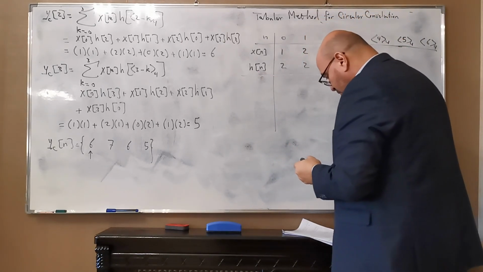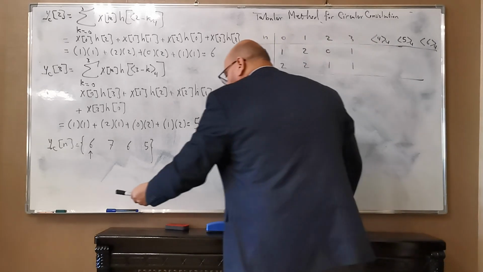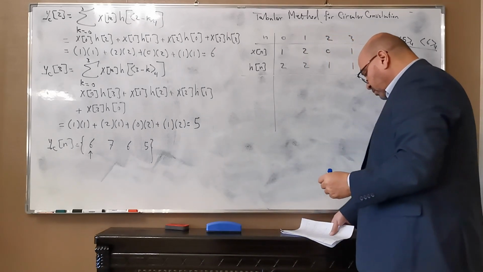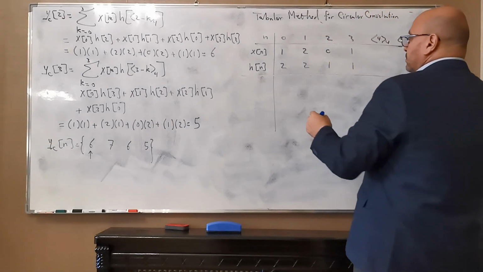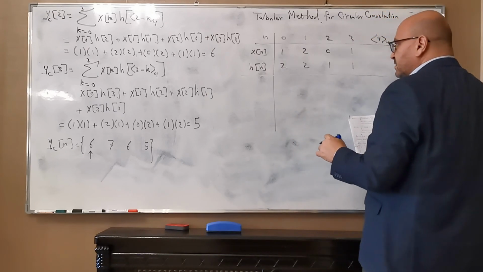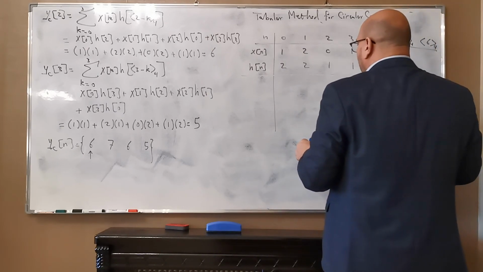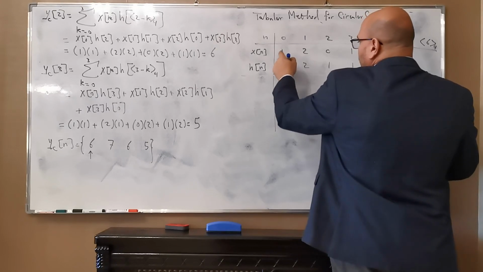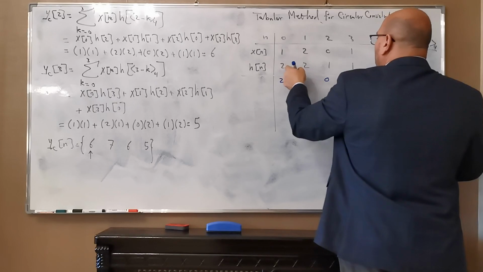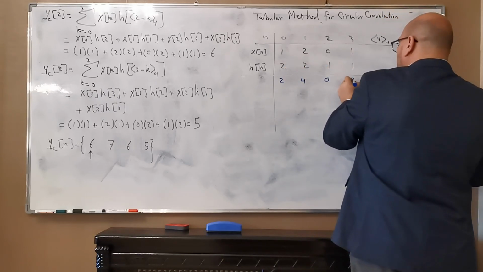We'll do the same thing as we did in the previous tabular method for linear convolution, exactly the same, but we will end it with some extra steps that we have to do. So 2 times 1 is 2, 2 times 2 is 4, 0, 2 times 1 is 2.